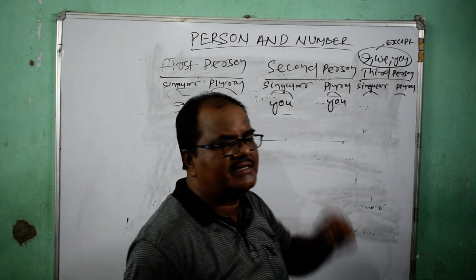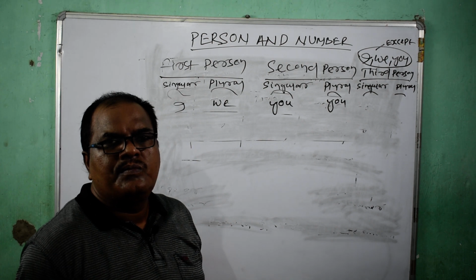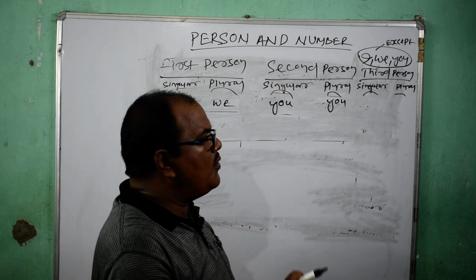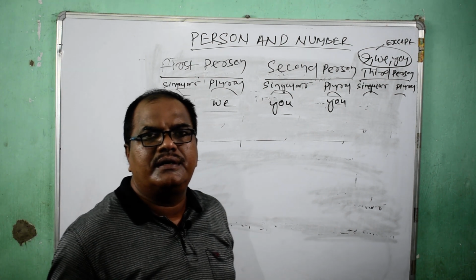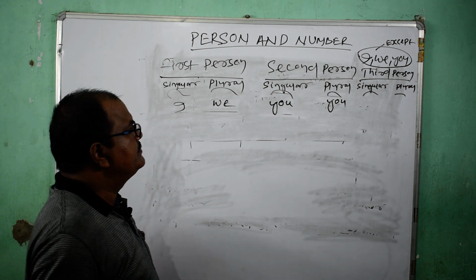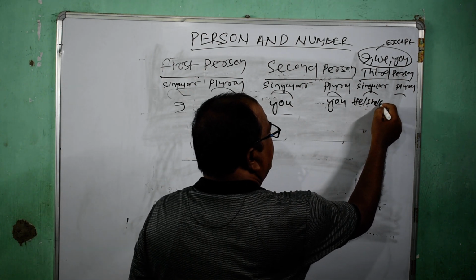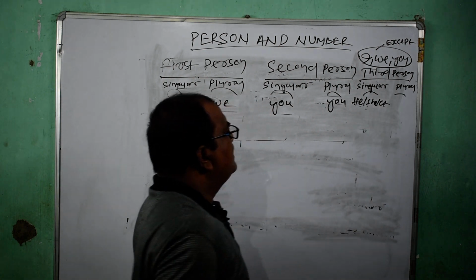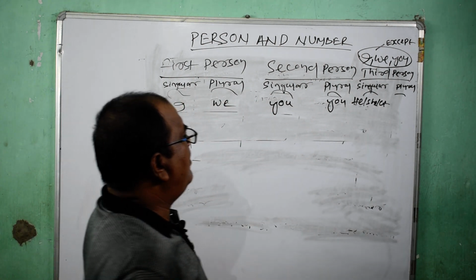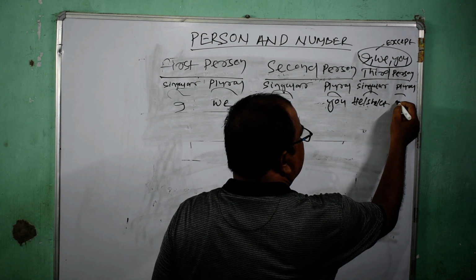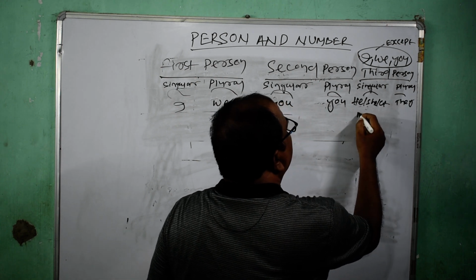Except these three words, all the nouns and pronouns come under third person. So he, she, it, they are in the singular form, their plural form is they.